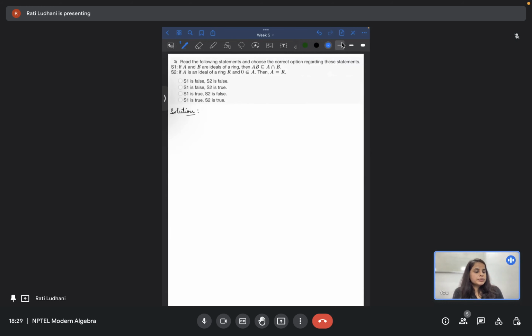Read the following statements and choose the correct option regarding these statements. Okay, so what is your statement here? S1: if A and B are ideals of a ring R, let's say ring R, it's easy to assume, then AB is a subset of A intersection B. So this is your first question.